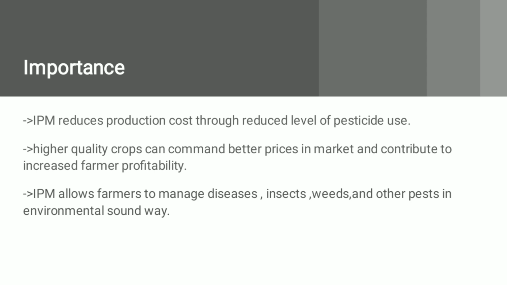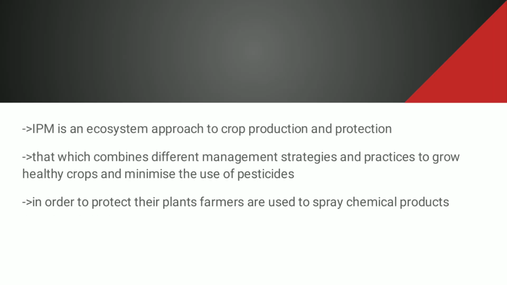Importance: IPM reduces production cost through reducing the level of pesticide use. Higher quality crops can command better prices in the market and contribute to increased farmer profitability. IPM allows farmers to manage diseases, insects, weeds, and other pests in an environmentally sound way.